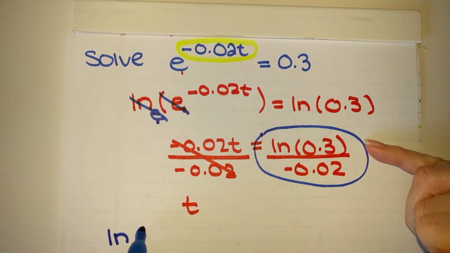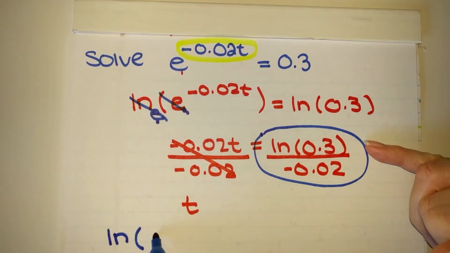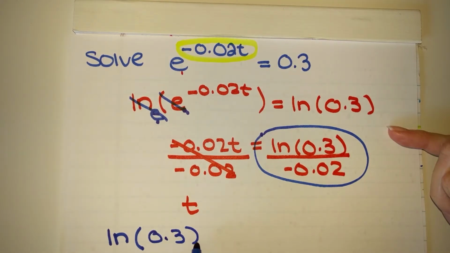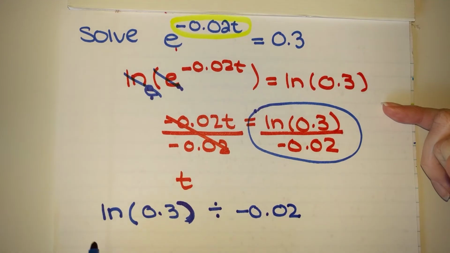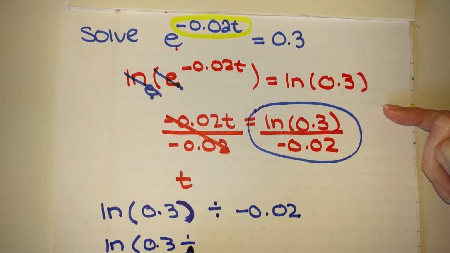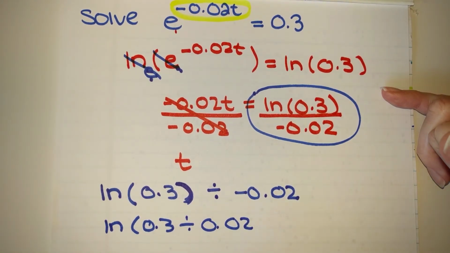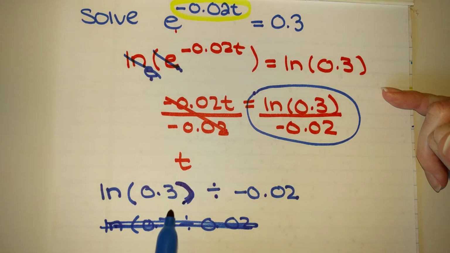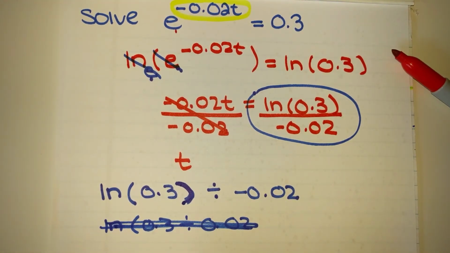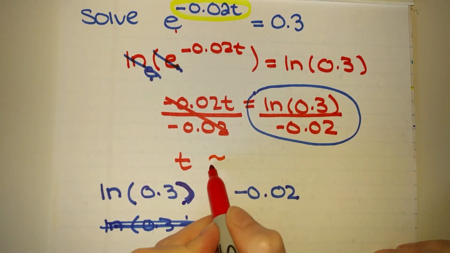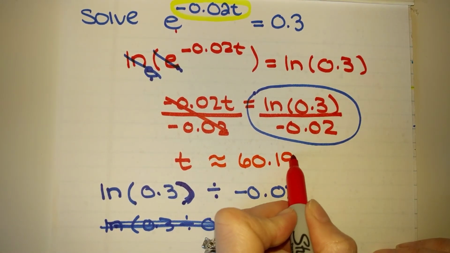Usually the calculator will have a little parenthesis, or you might have to type in the parenthesis, but you'll want to put natural log 0.3, close your parenthesis to end the argument, and then divide that by negative 0.02. If you just type in natural log 0.3 divided by negative 0.02 and don't close the parenthesis, your calculator assumes that this 0.02 is part of your argument. So you need to be very careful to close your argument off and then divide by negative 0.02. When you do that, you should get that this is approximately equal to 60.1986.